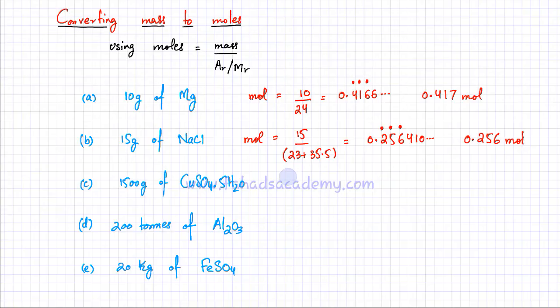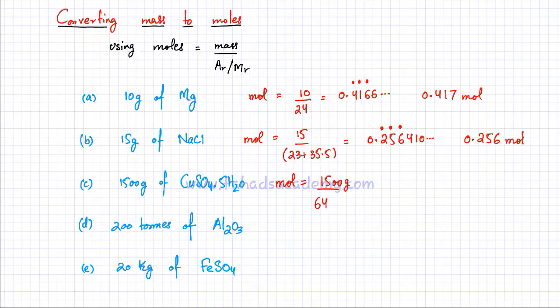Now part C. In part C, you have CuSO4.5H2O and you have 1500 grams. Again the formula is moles equal to mass over Mr, and I have 1500 grams, which is equal to 1.5 kg. This is a hydrated salt, so I have to figure out the molecular formula first.